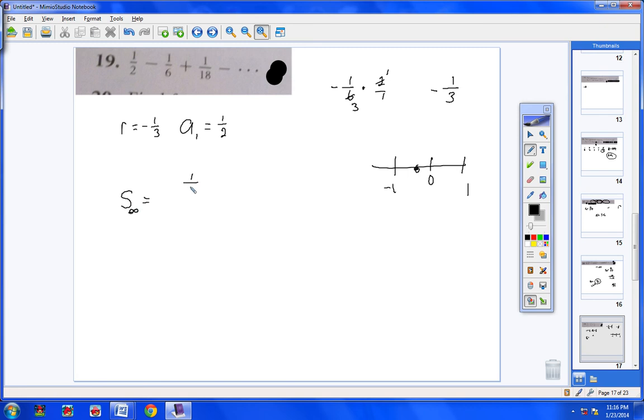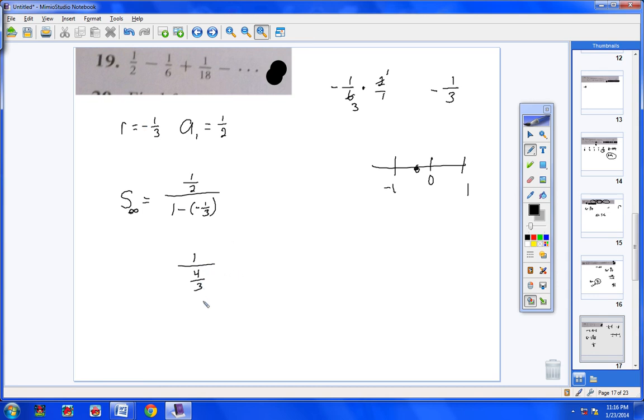So 1/2 over 1 minus -1/3, which is your common ratio. Well, first of all, 1 minus -1/3 is 1 plus 1/3, which is 1 1/3, which is 4/3.